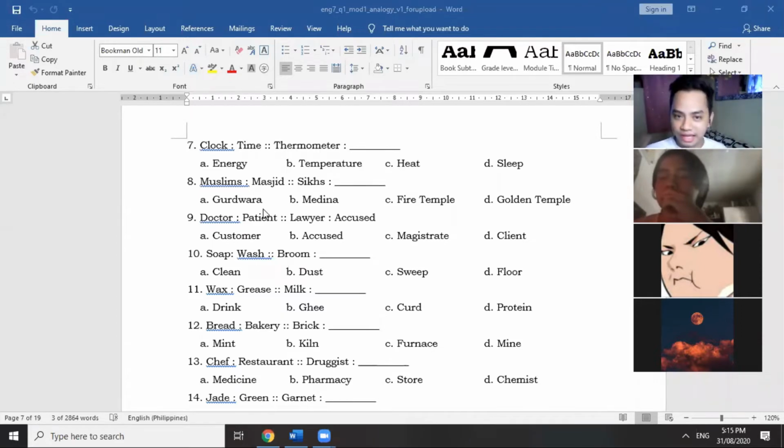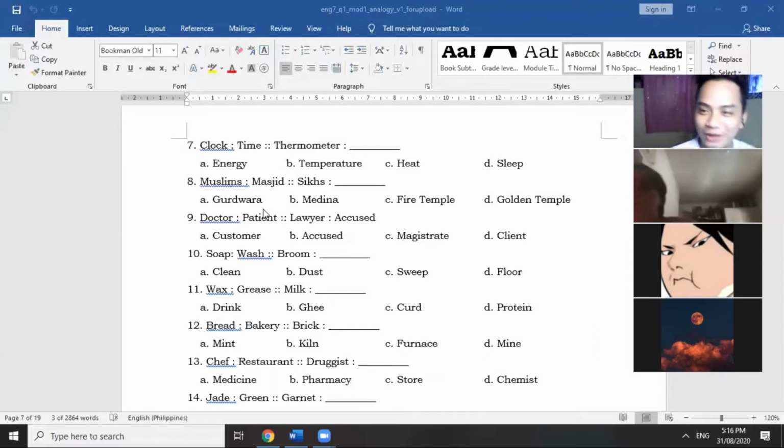So, where do Sikhs go? Sikhs are people who are members of Sikhism. Okay, so where do they go then? Joffrey. Joffrey seems to be a very knowledgeable student.